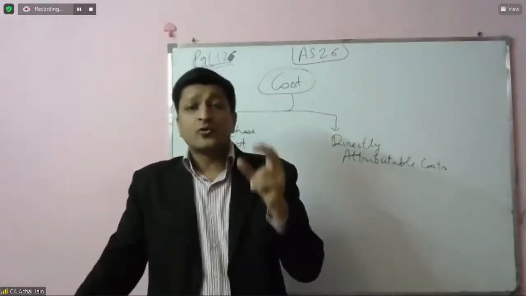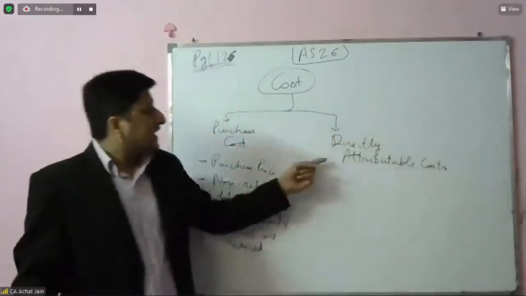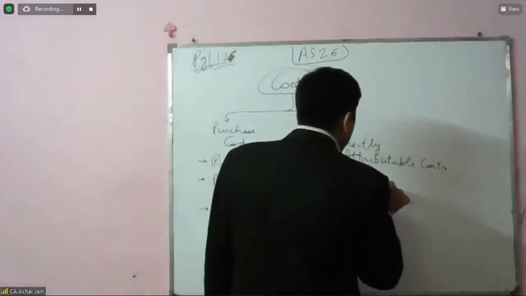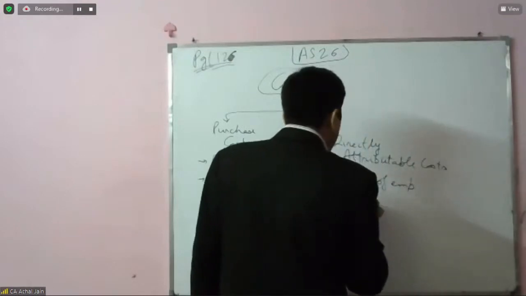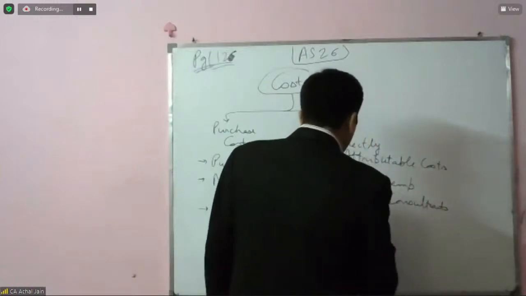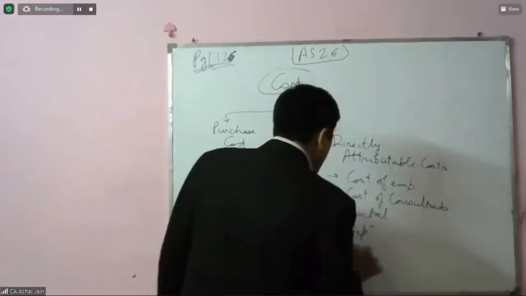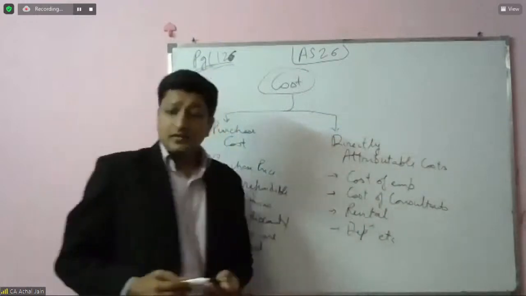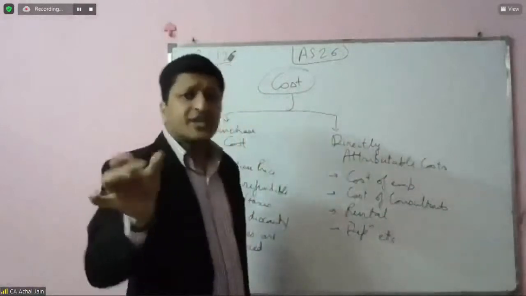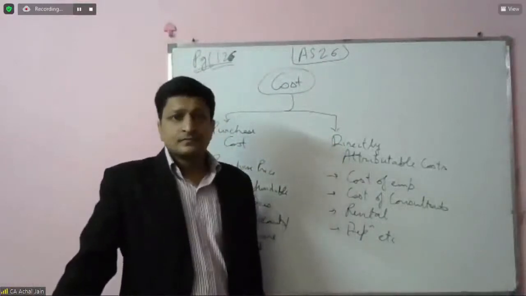That cost is specifically incurred for generation of the intangible asset. That is nothing but directly attributable cost. So you can say cost of employees, cost of consultants, rental, depreciation, etc. Any cost which is directly attributable towards generation of the intangible asset will get added to the cost of the asset. Yes or no?